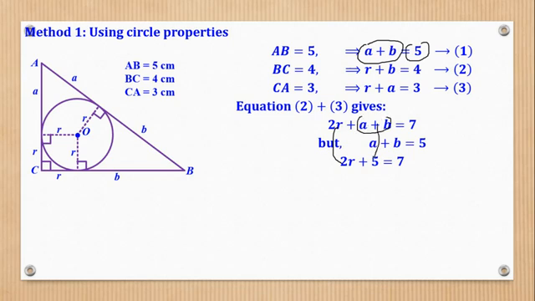This one is replaced by 5, and that's 7. Take this 5 this side to get 2R equal to 2. Divide both sides by 2 to get R equal to 1. So it is the same R we got in the first method, meaning I can now proceed to get the circumference as already seen.